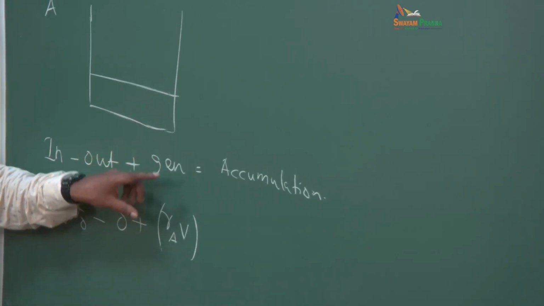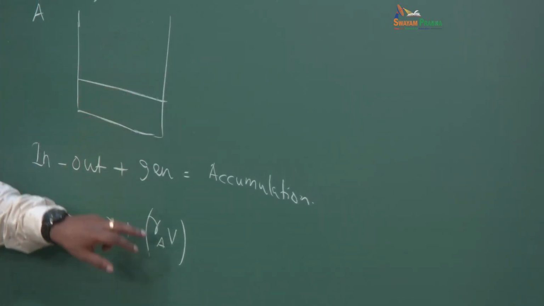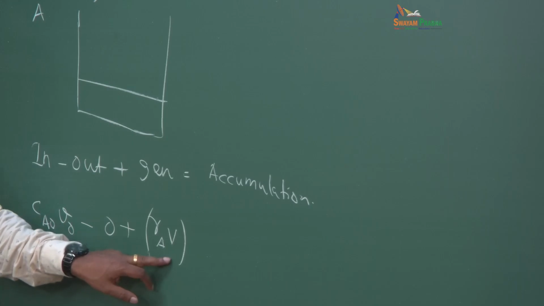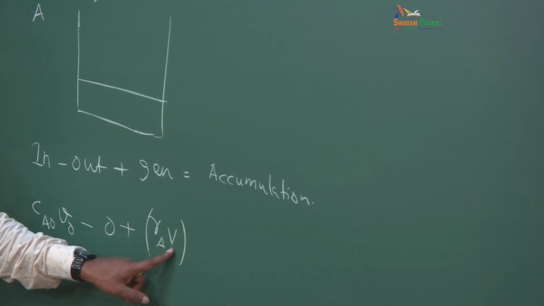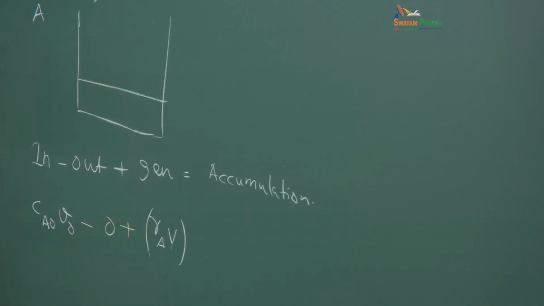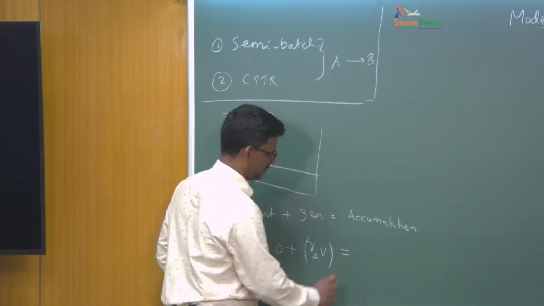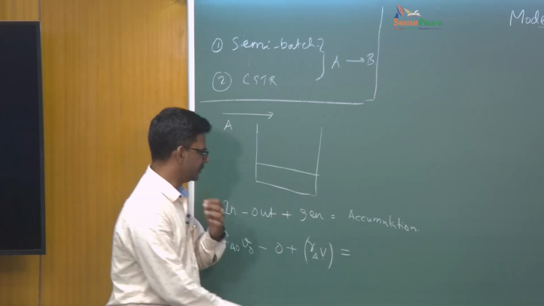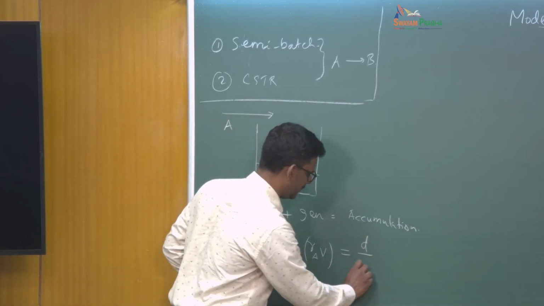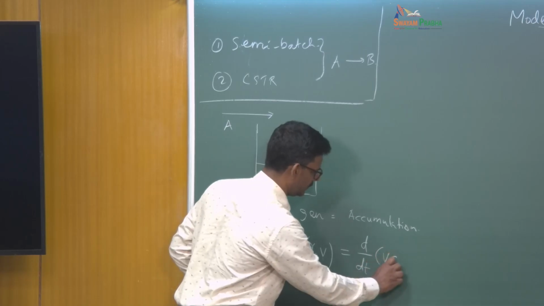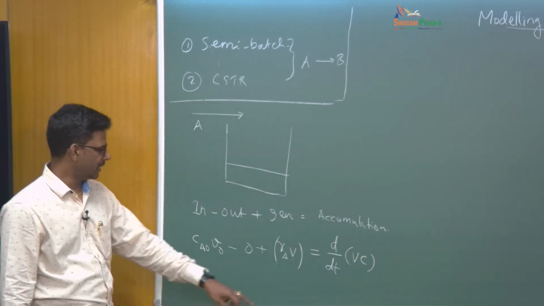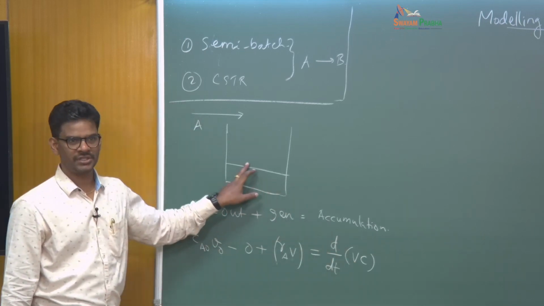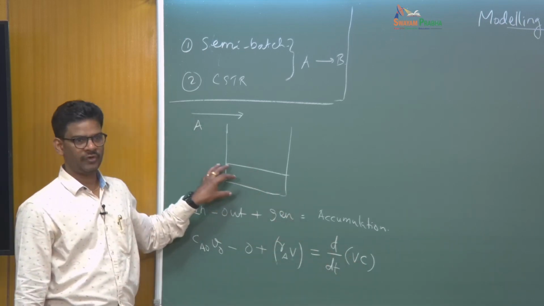This V is not the total volume, it is the volume of the reacting mixture at any point of time t. So V itself is a dynamical quantity, it's going to change as more and more fluid comes in. And then we have an accumulation term, which is nothing but d by dt of VC. Again, this V is the volume of the reacting mixture, C is the concentration at any point of time t.